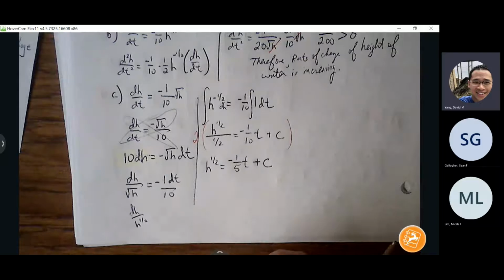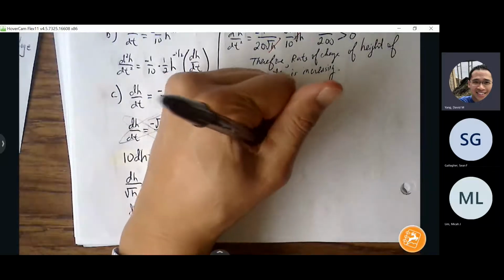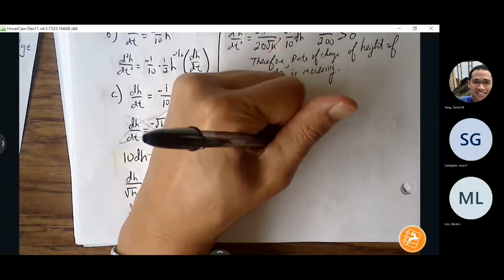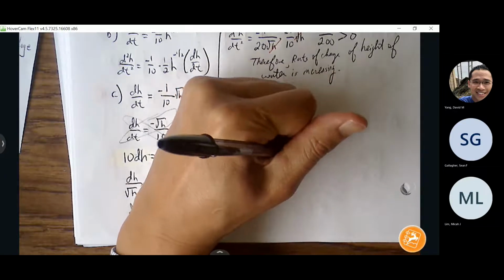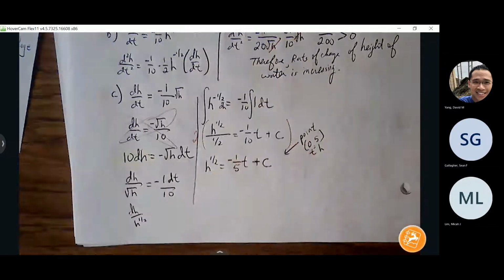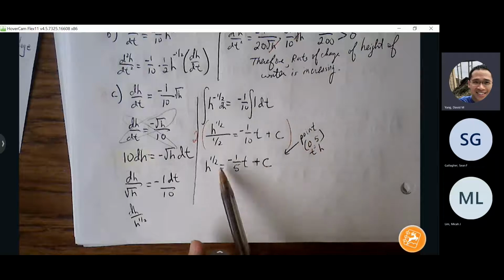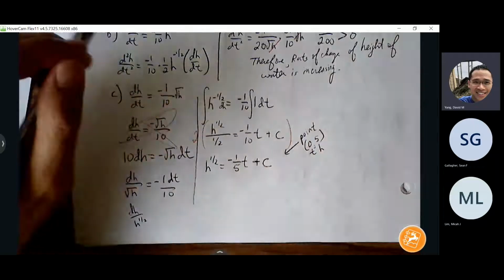I know that at t equals 0, the height is 5 feet. Okay, 0 in for t, 5 in for h. Let's see if we can solve for c.